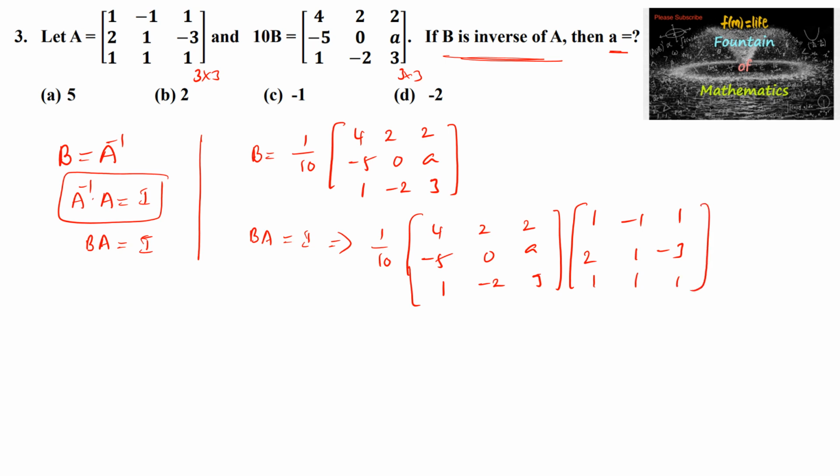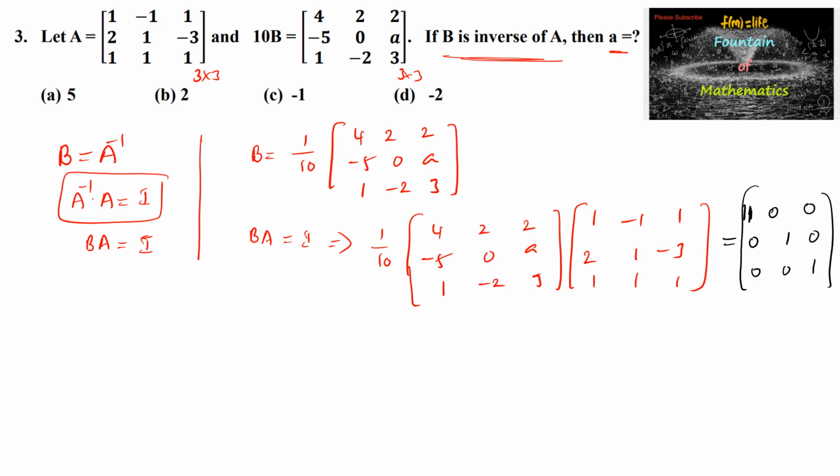Let us consider any one row or column related to a to get the value of a, and here the product is equal to I, that is [1 0 0; 0 1 0; 0 0 1].